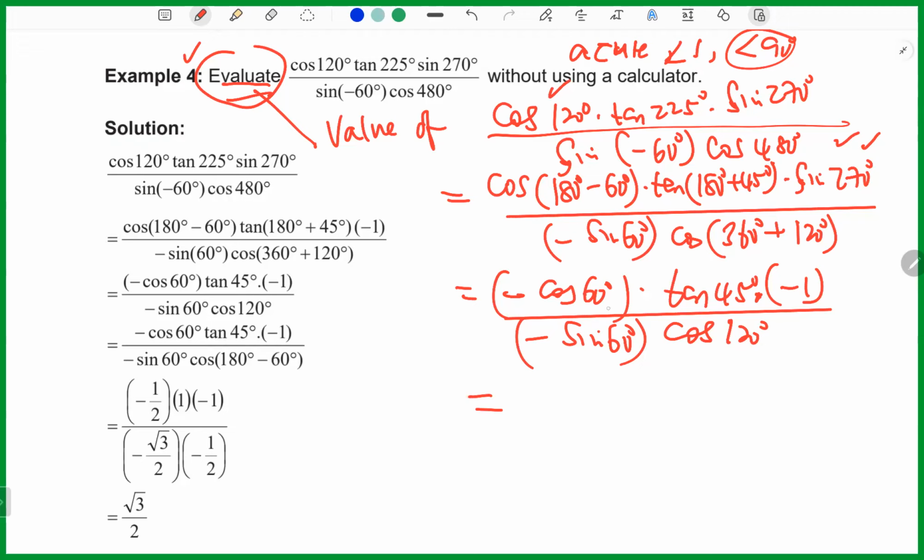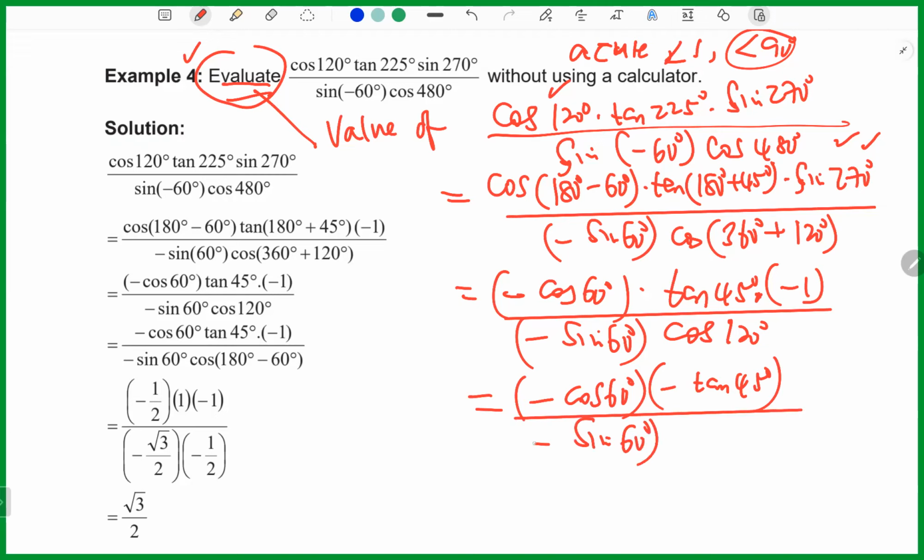What I realize is you can write this one like that. So we have minus the cosine of 60 degrees minus the tan of 45 degrees, all divided by minus the sine of 60 degrees. And then we have the cosine of 180 degrees minus 60 degrees.